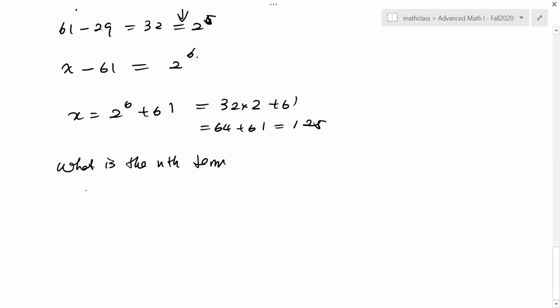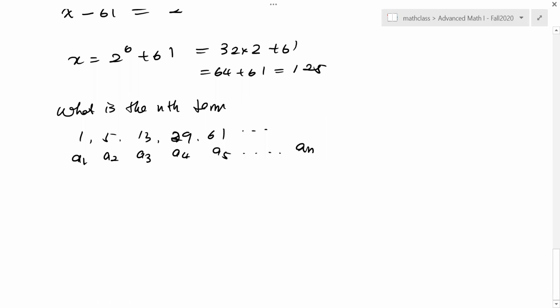So it's 1, 5, 13, 29, 61, so this will be A1, A2, A3, A4, A5. I want to get to AN. How can I do that?